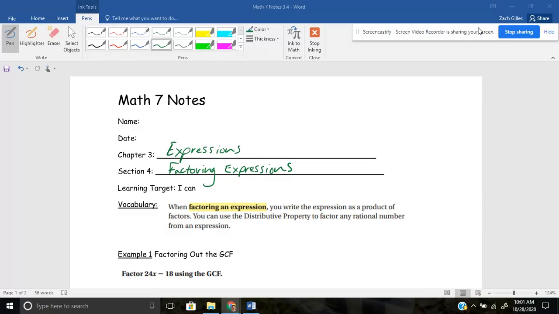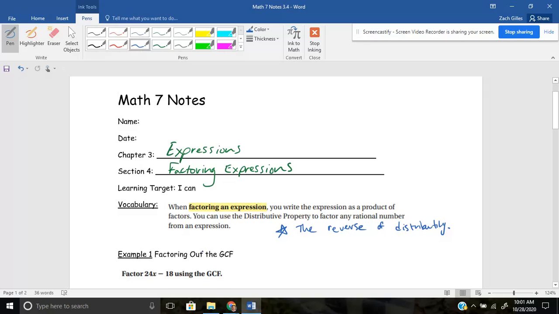Today when we're factoring expressions, I like to think of factoring expressions as the reverse of distributing.